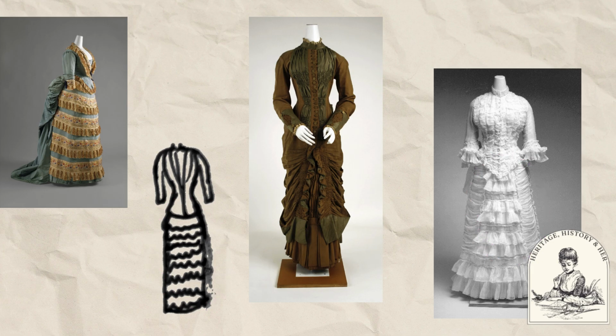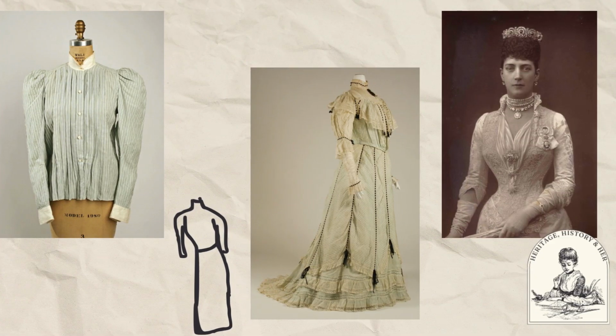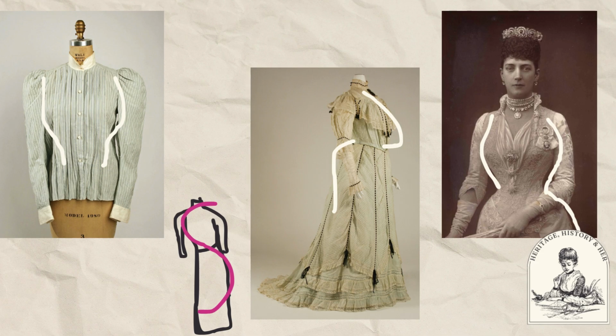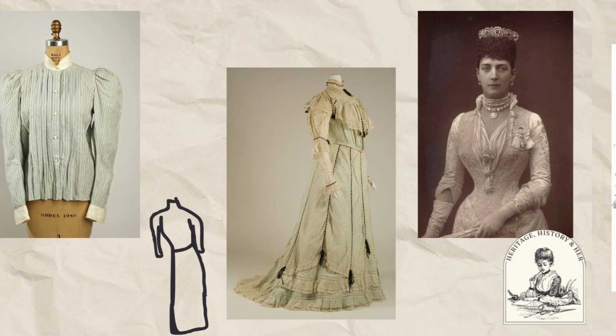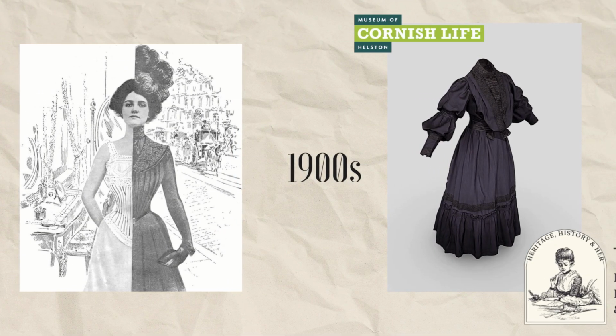From here, the sleeves go out again at the top, and we have the separation in the appearance of the top and the bottom half, either practically or through aesthetics. The front becomes increasingly out to produce a kind of S-bend effect, and this is where our mourning dress within the exhibition comes in.